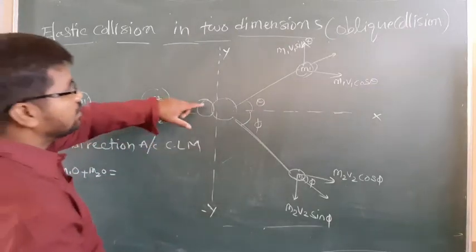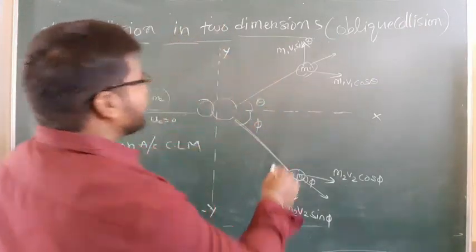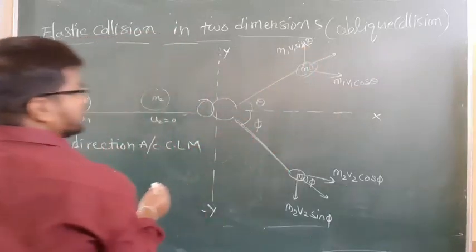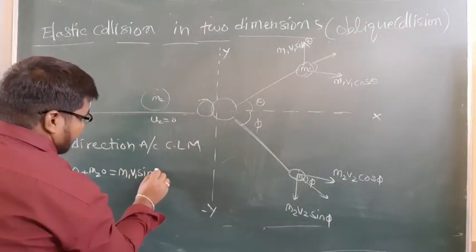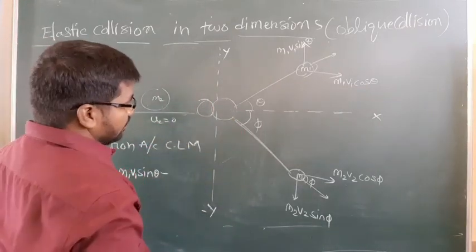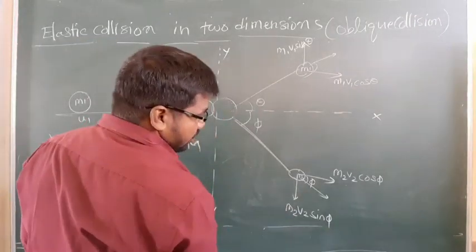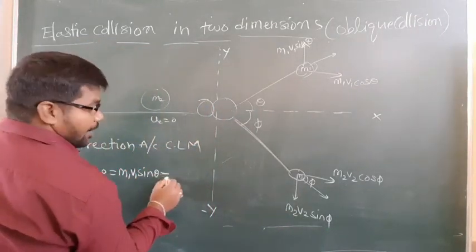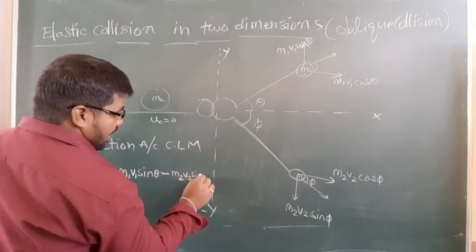After the collision, the component of momentum along the y direction is m1 v1 sin theta, and along the negative y direction it is minus m2 v2 sin phi.